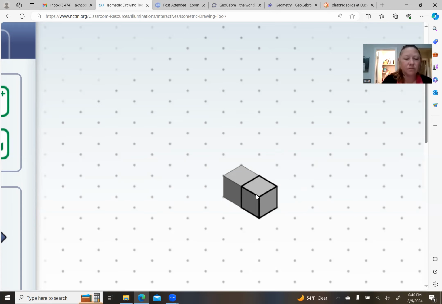Right. Okay, so for part B, I looked at how you've got 8 cubes on each row. So I thought, okay, you've got 8 faces for the first row, 8 faces for the second row, and then you have to double it because they're glued together. So I saw 32 there.